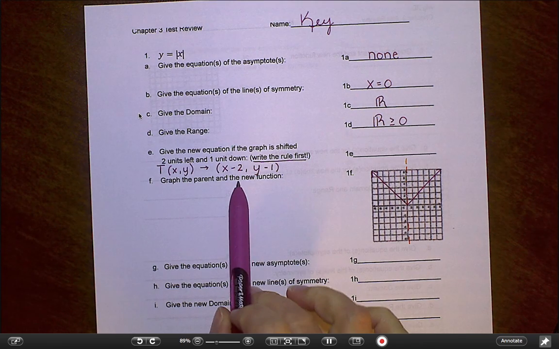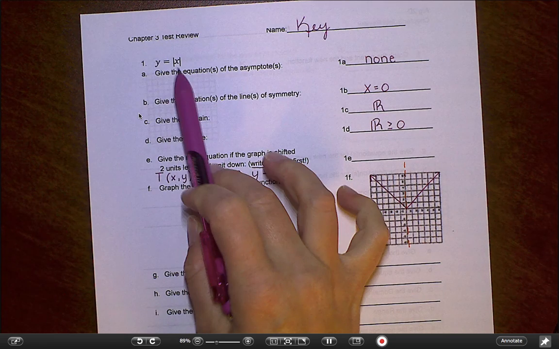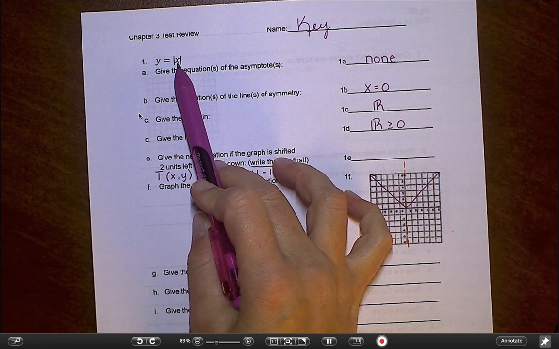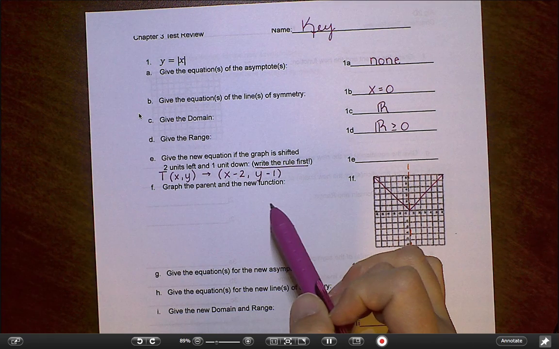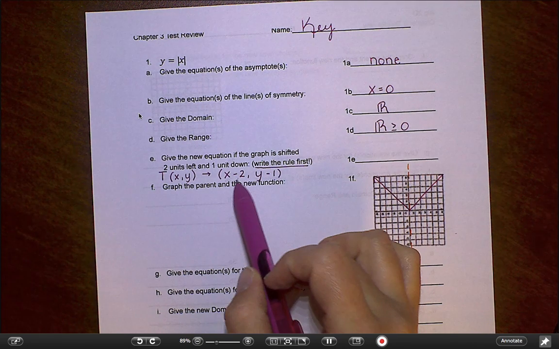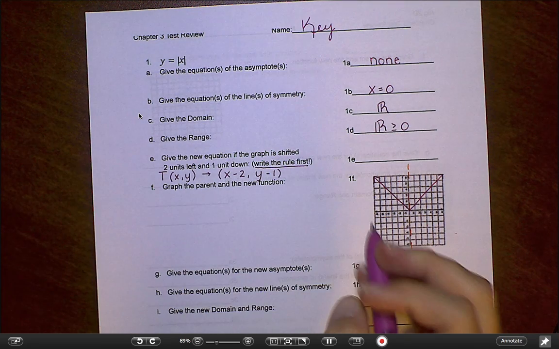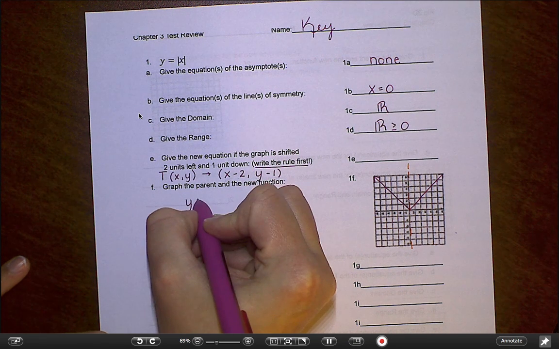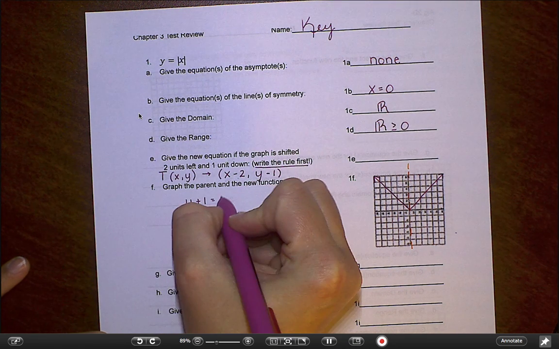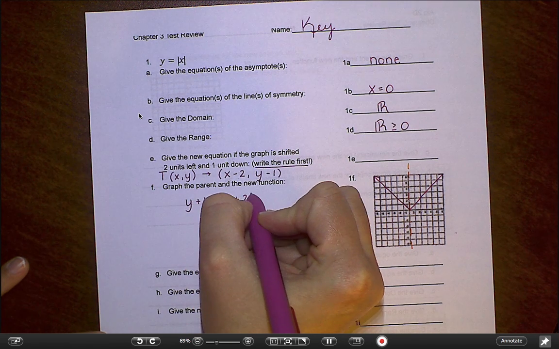When I go to put that into the equation, remember that first of all, anything that's going with x needs to go right with the x, meaning inside the brackets there. And then we would also want to make sure we do the opposites of everything. Okay, so where I see subtraction, I'm going to put addition into the problem. So my new equation would look like this. y plus 1 equals absolute value of x plus 2.